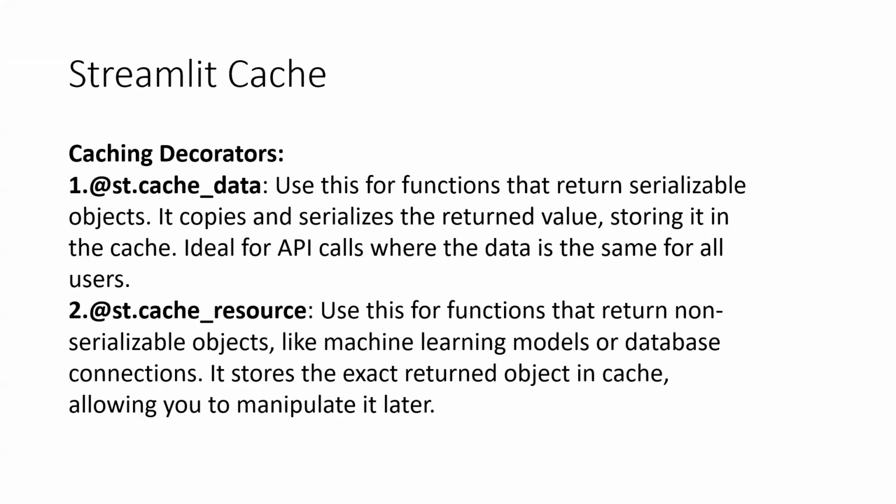So what this cache will do is, if we have multiple users and multiple sessions, and if we want to save something at the application level, or if there are objects or variables which are useful to all the users, then instead of calling that particular API again and again, if one user has called that API, whatever object is returned is saved in the cache so that other users can also use it.